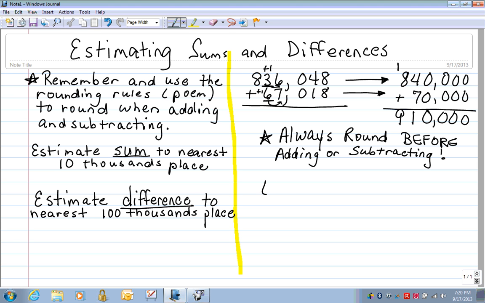Let's use the number 678,430 minus 669,200.